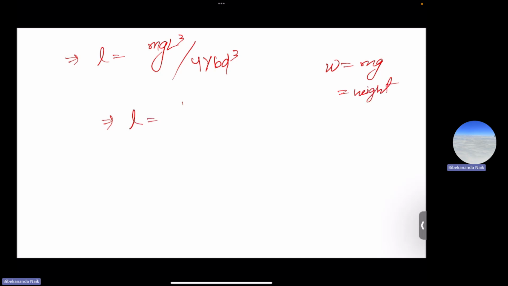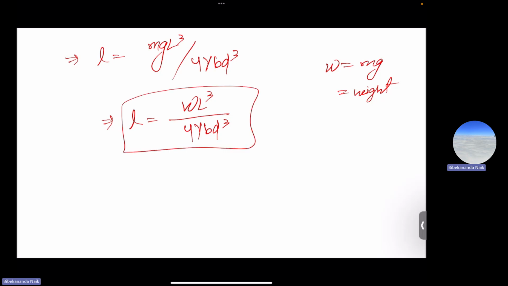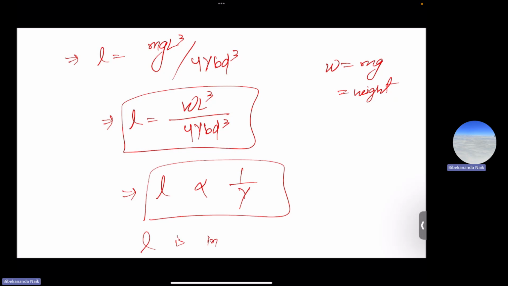So l will be W L cubed divided by 4 Y B D cubed. So l is proportional to 1 by Y. That is, l is inversely proportional to Y.